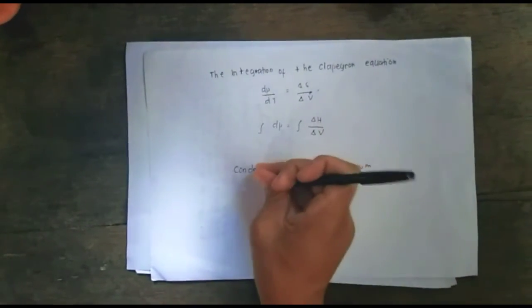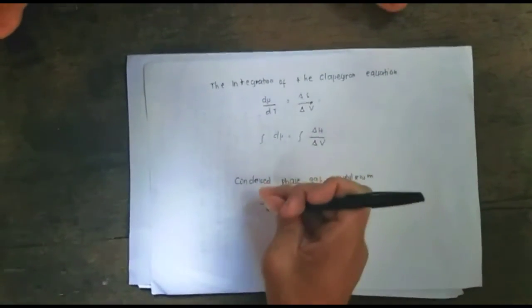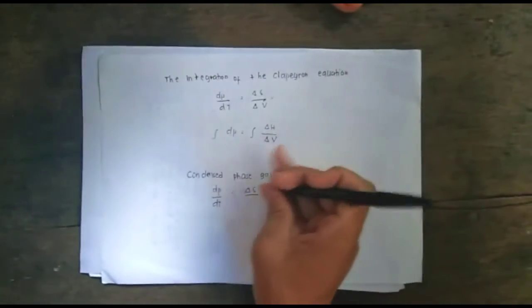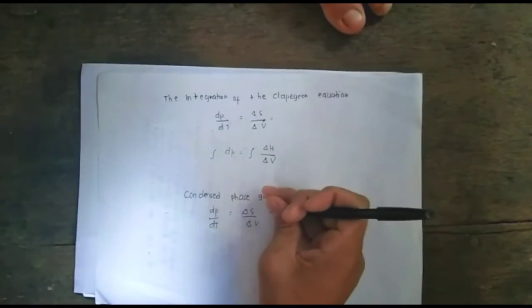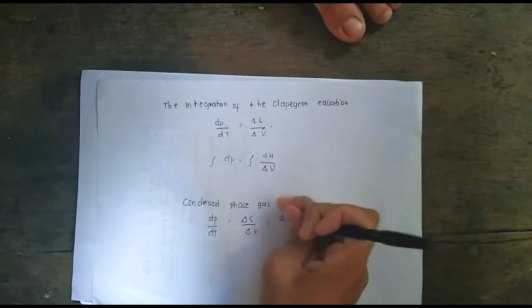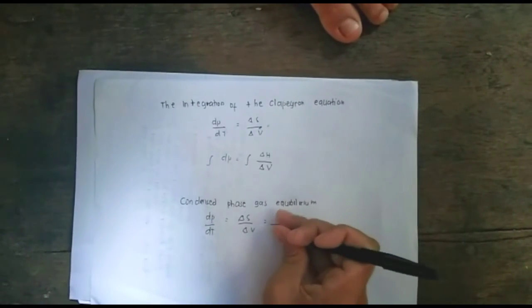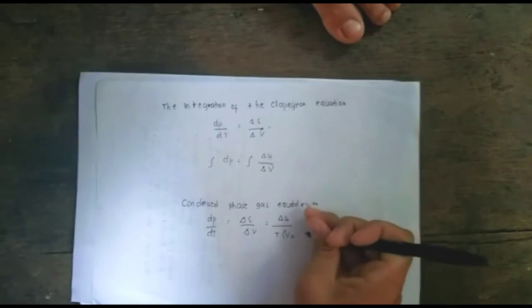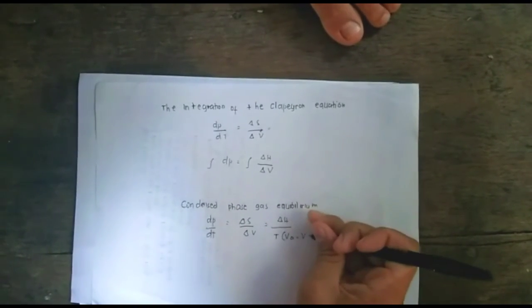We have dP/dT equals delta S per delta V equals delta H per T delta V.